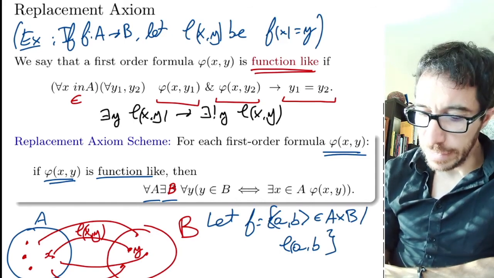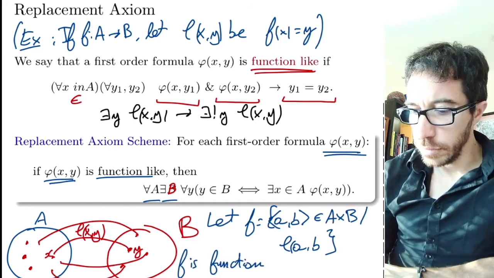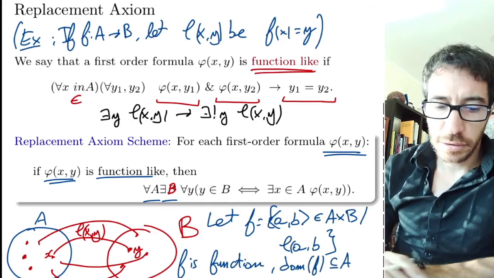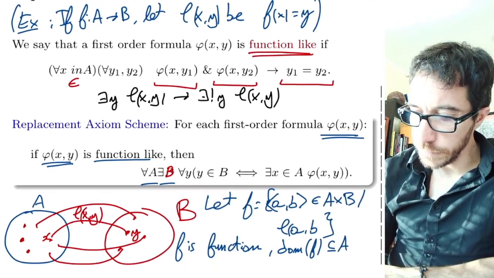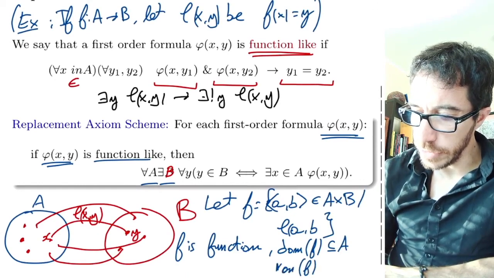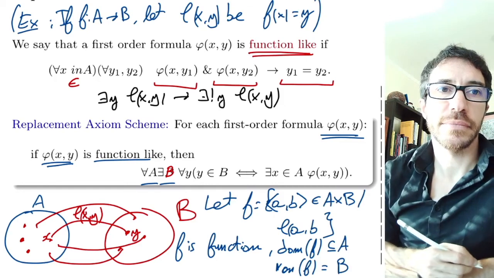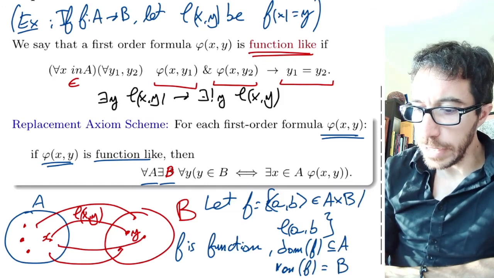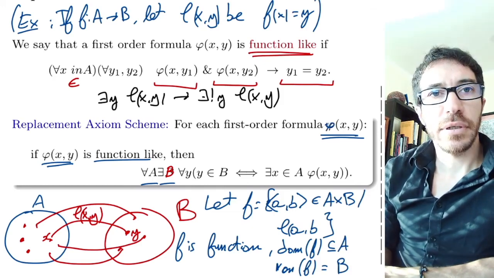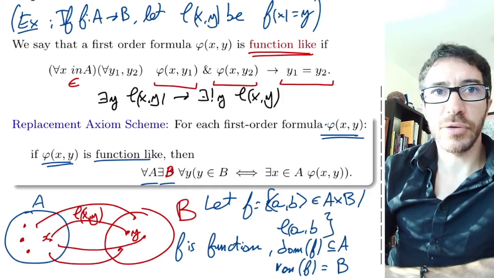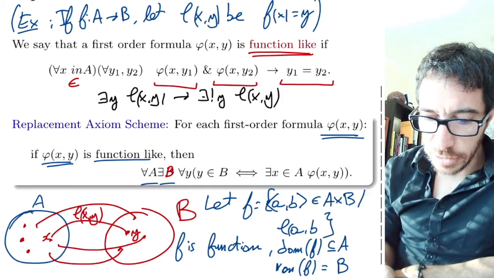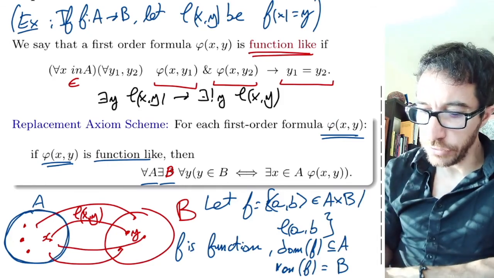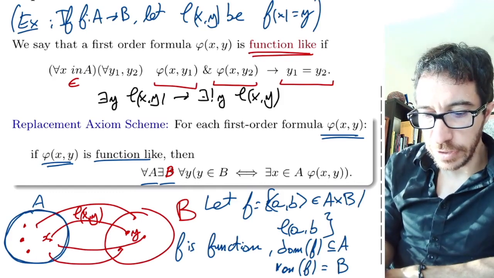Essentially, F is a function with domain a subset of A, and the range of F is equal to B. So the replacement axiom implies that if you're given a function-like formula phi, and you want to restrict this function to a particular set A, which is given as a set, then you actually get a function as an object. This function F is the one that we have here.